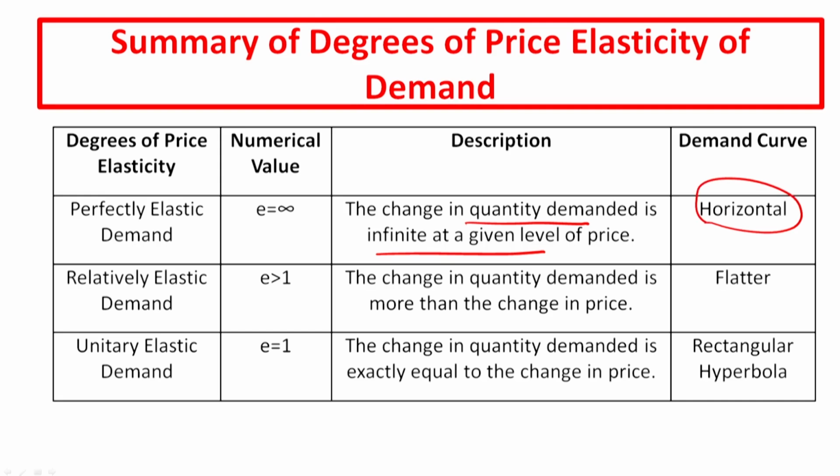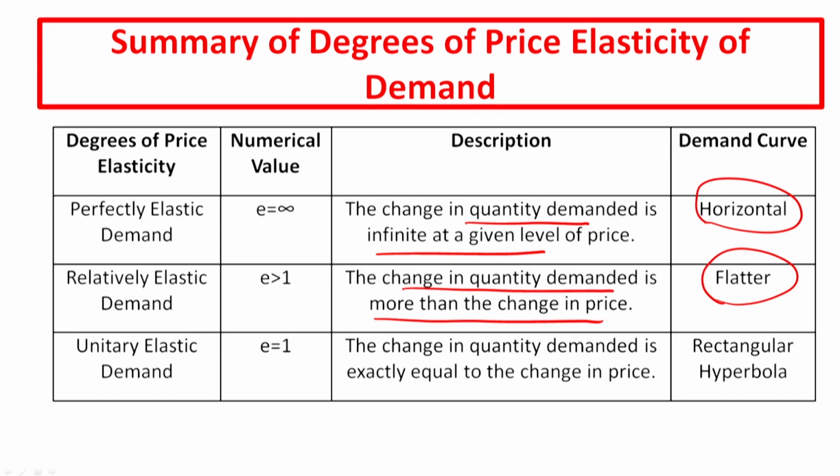In the second case, relatively elastic demand, where elasticity is more than 1, the change in quantity demanded is more than the change in price, and the demand curve is flatter in nature, which we have discussed in the previous slides.